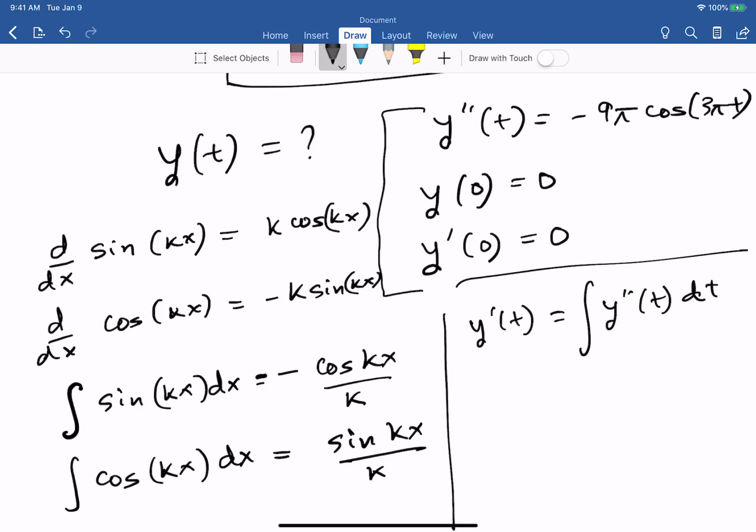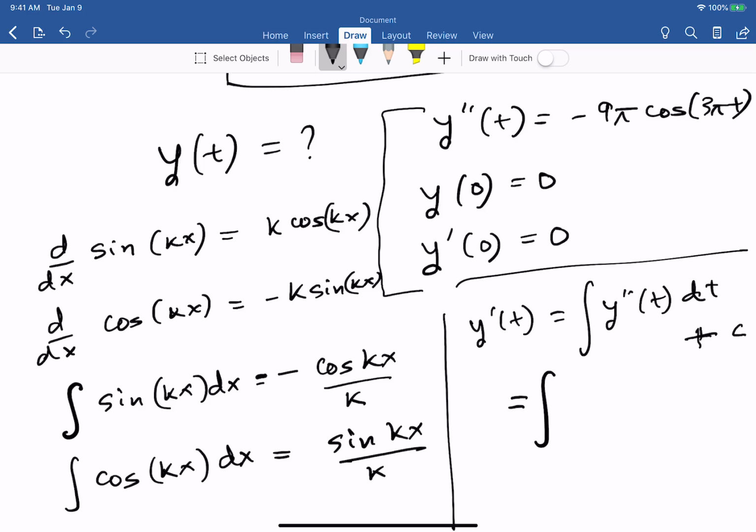When you integrate a function, you have to add a constant to it, right? So y prime of t is equal to the integral of y double prime of t dt plus an additional constant. I'm sure you've seen this in calculus class. And in order to figure out what this constant is, you need to know the value of the function at one particular point, right?